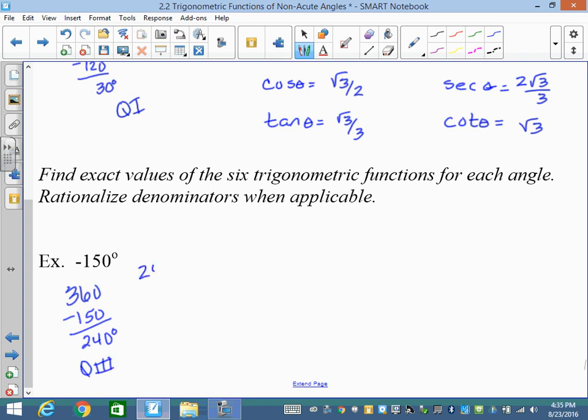So 240 minus 180 gives us a 60-degree angle. Okay, 240 minus 180.